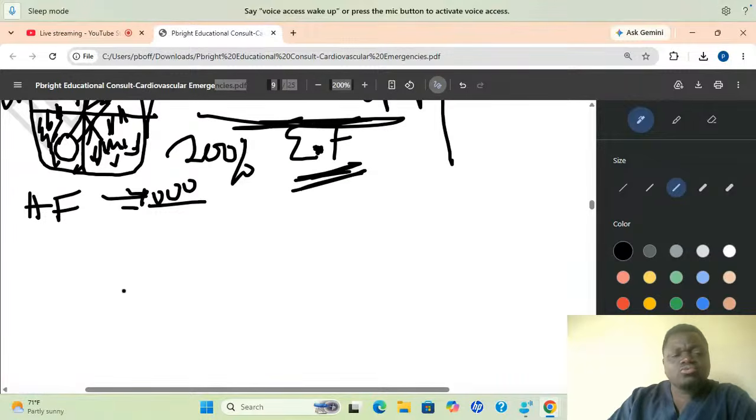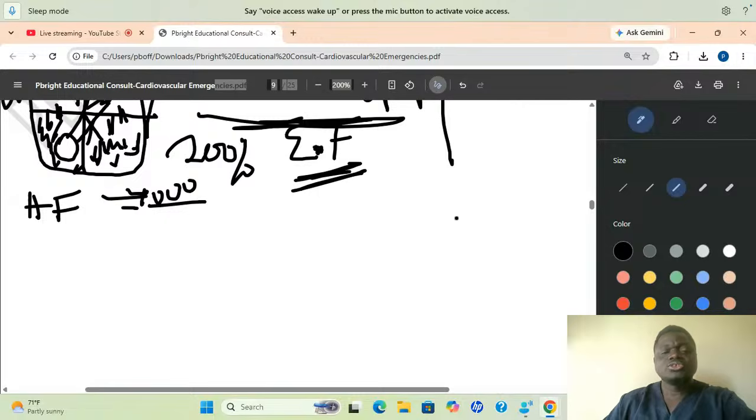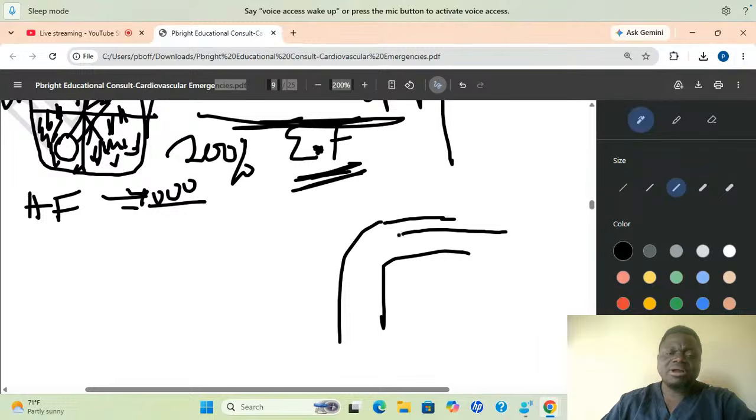So they will do what we call the transesophageal echo. They will pass a very long rope, those who work in big theaters know, through your mouth to your esophagus.